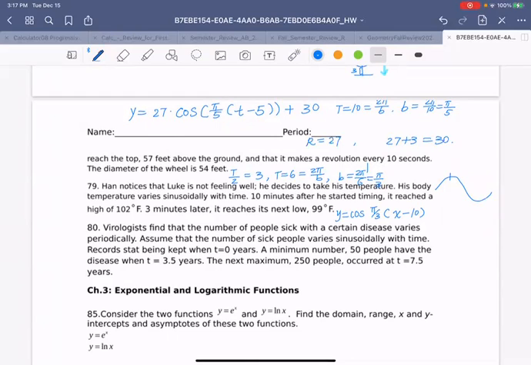And then how much is the amplitude? From the peak to the trough, that's the value of 3. So 3 over 2 is the amplitude.